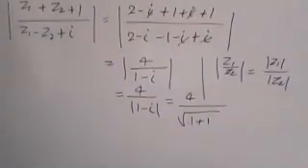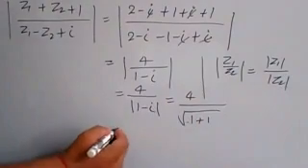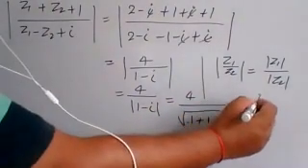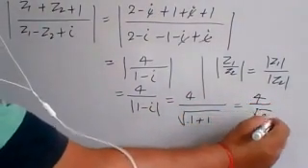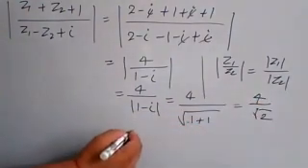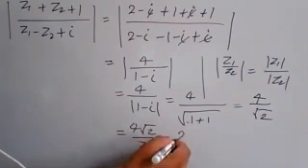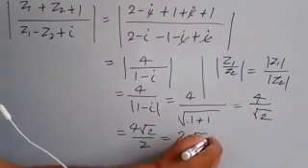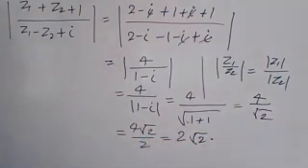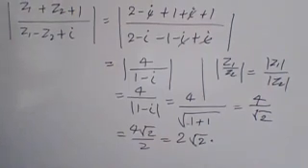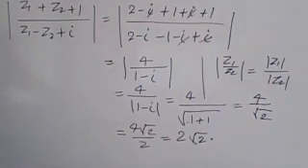If you rationalize it, you have 4 root 2 by 2. So its value is 2 root 2. Note it.